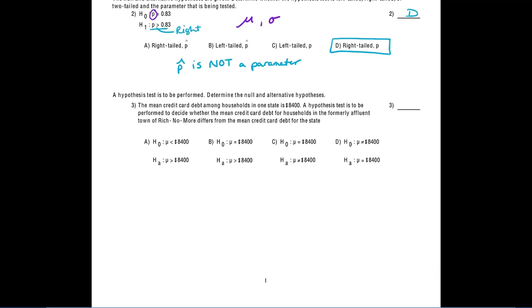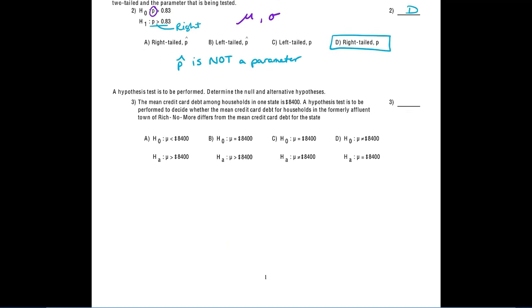Number 3. The mean credit card debt among households in one state is $8,400. A hypothesis test is to be performed to decide whether the mean credit card debt for households in a formerly affluent town of rich no more differs from the mean credit card debt for the state.